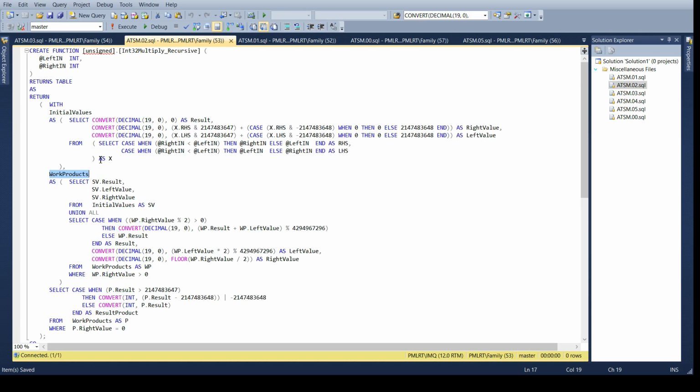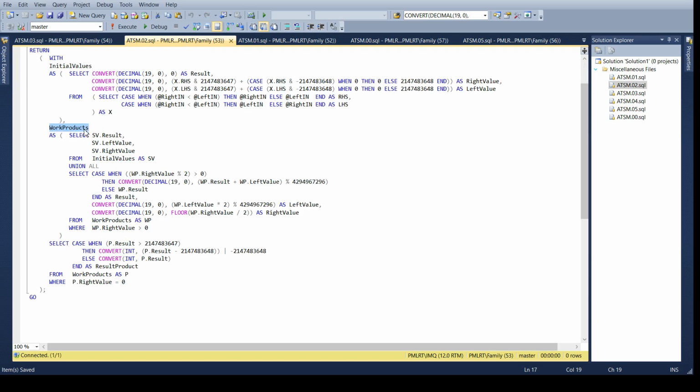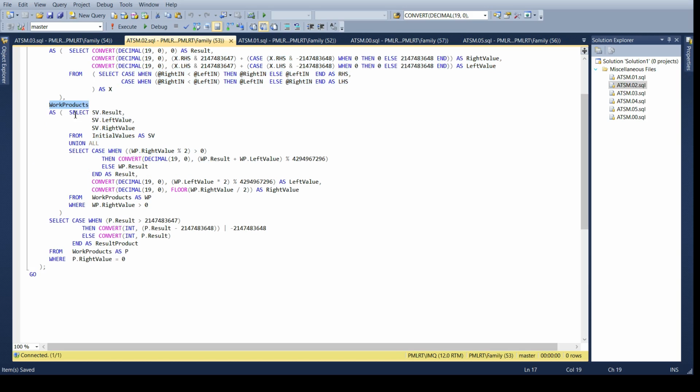What we have is a recursive common table expression. So we're taking the initial values, which are setting up our left and right side, dealing with the sign bit, converting them into a large decimal number, and we're taking that in the anchor side of this. So a common table expression that's recursive has an anchor, and then essentially its union with the recursive side.